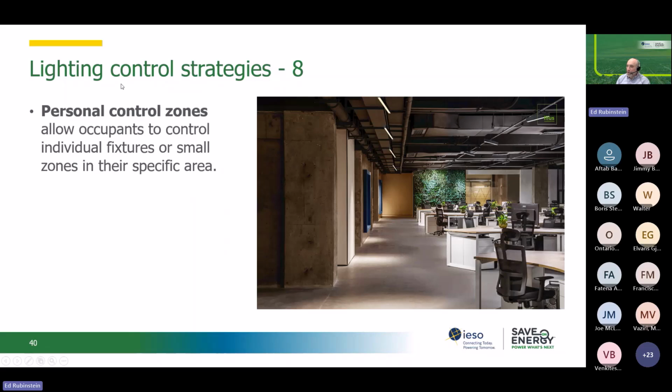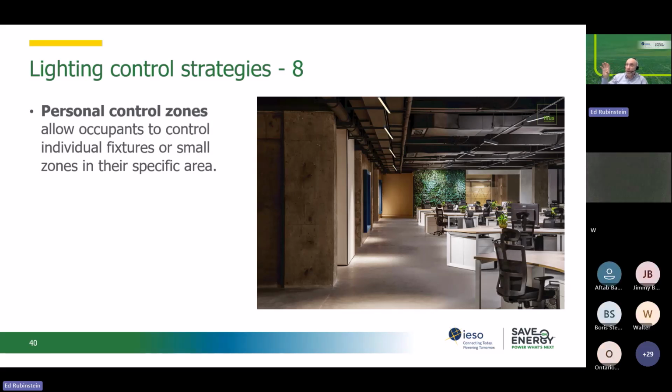Personalized control zones. We have a few case studies. I didn't mention a project I worked on a number of years ago, but it was an open concept work area where there were lots of lights and everyone was complaining about the lighting levels, right? One person wanted it dark, another person wanted it brighter. There was no ability to turn lights on and off.